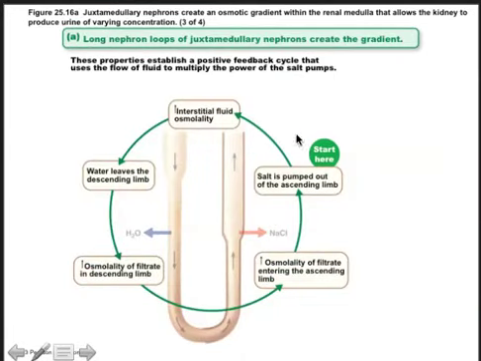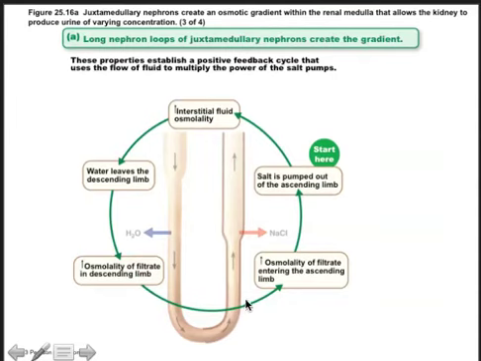Okay, these properties establish a positive feedback cycle that uses the flow of fluid to multiply the power of the salt pumps. So here we have the interstitial fluid osmolality and the filtrate. Water leaves the descending limb. The osmolality goes up as a result of the filtrate losing water to the surrounding tissue.